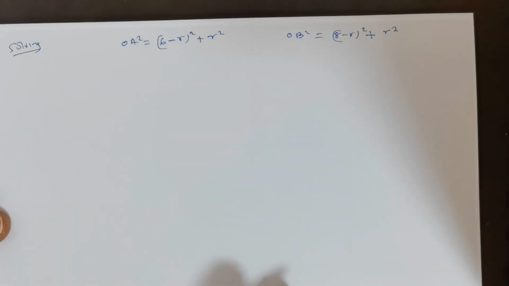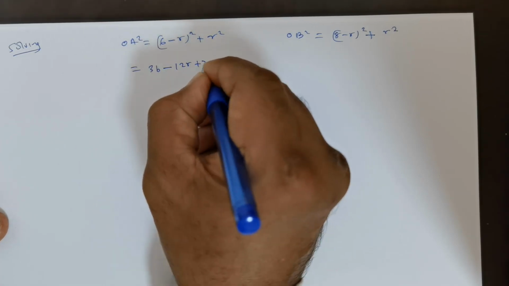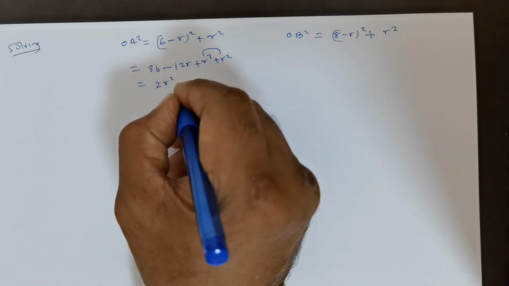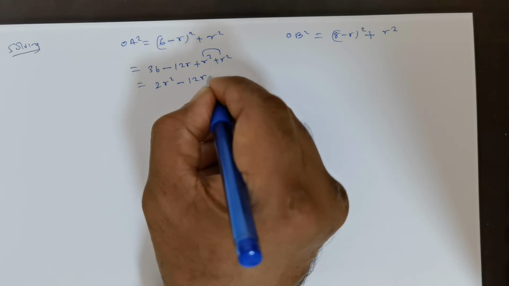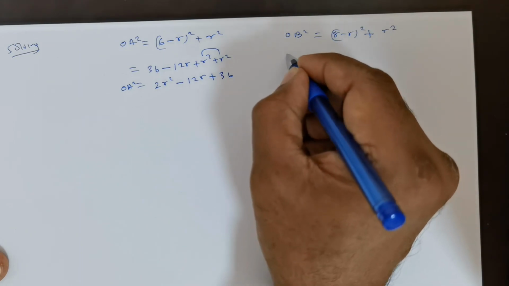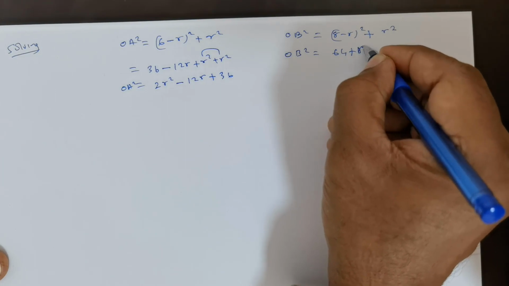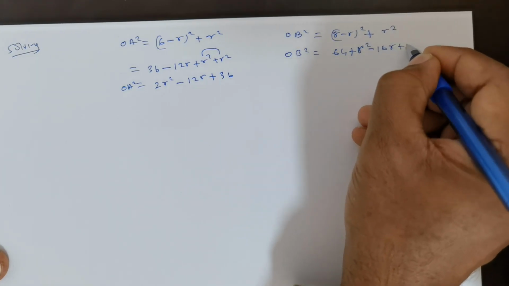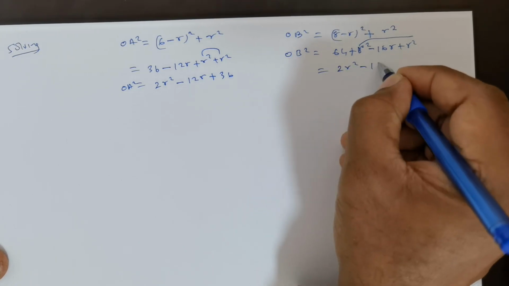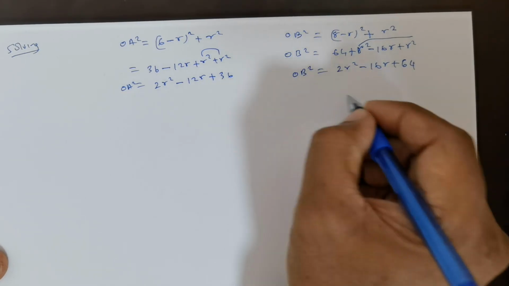So I will have to perform the simplification. This is going to be 36 minus 12R plus R squared plus R squared. I can add these two, so this will give me 2R squared minus 12R plus 36 is equal to OA squared. OB squared is equal to 64 plus R squared minus 16R plus R squared, so you get 2R squared minus 16R plus 64 is equal to OB squared.